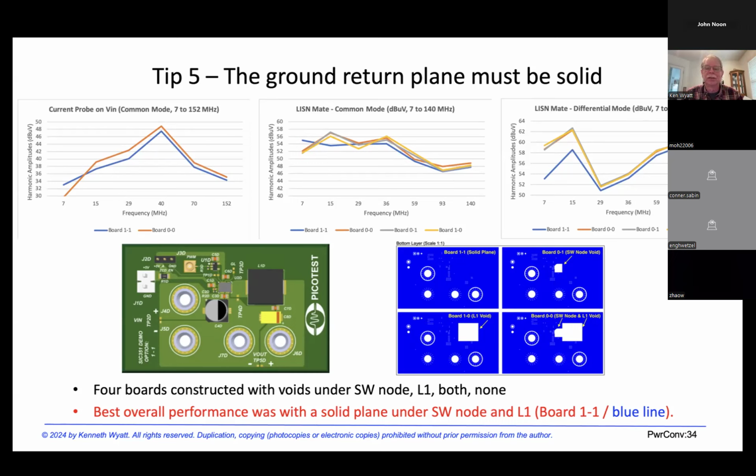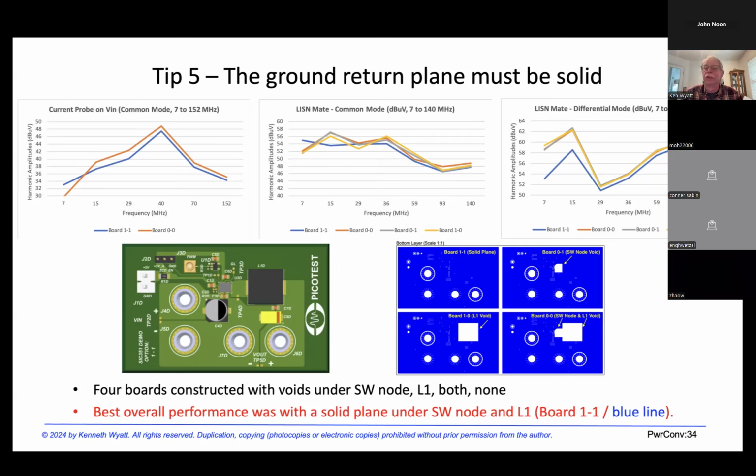Overall, it looked like the solid plane was best, except that there's always some exceptions. But even in the middle plot there, it's mostly better than not. But the differences are slight.